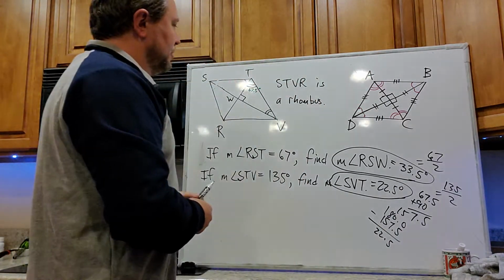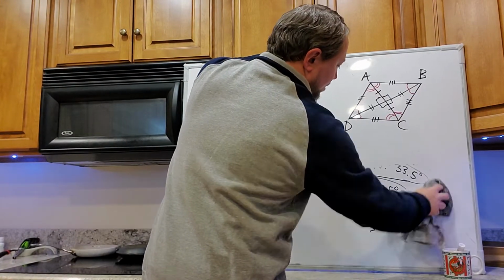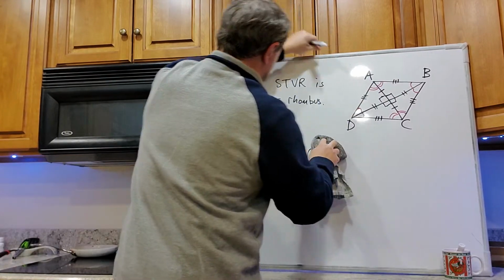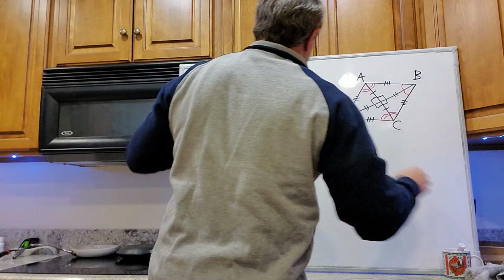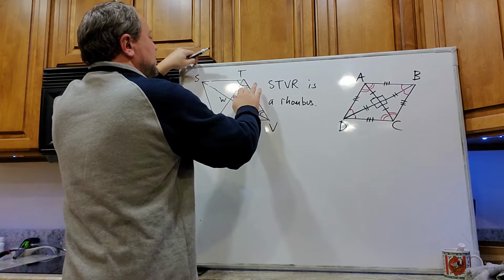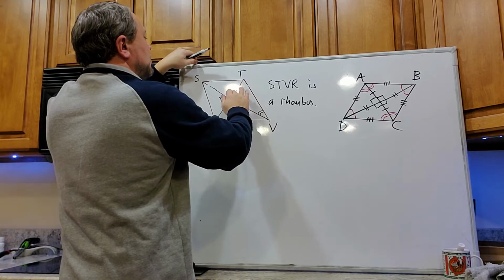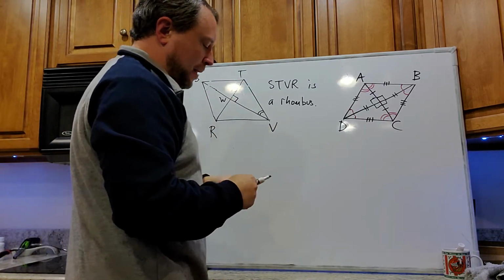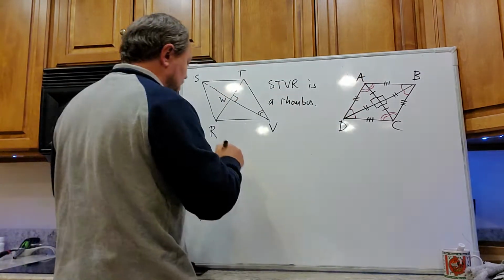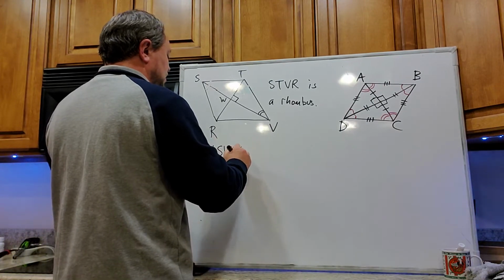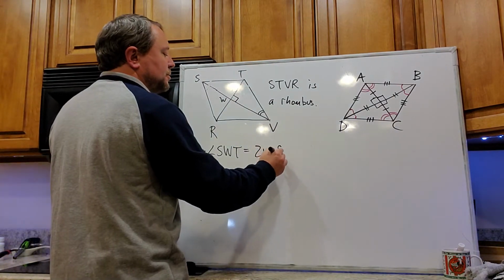On our next one here, I'm going to make this into an algebra type of problem. So let me clear up some space here. All right, and we can get rid of that 67 and a half I wrote up here, so that now you can just focus on our new algebra problem. Suppose the measure of angle SWT was given as being 2x plus 8.